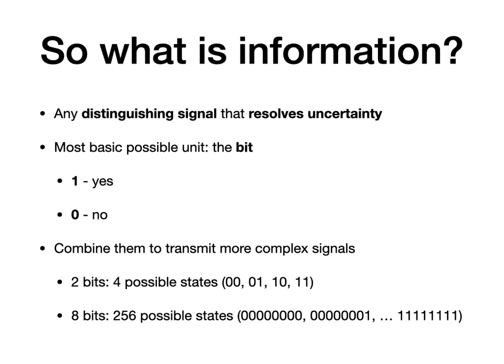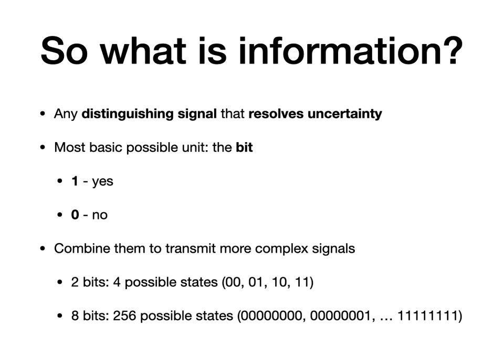The best definition I've encountered is any distinguishing signal that resolves uncertainty. The most basic unit being the bit. You've probably heard of these. Ones for yes, zeros for no. Everything in your computer or your phone or wherever you're looking at this video from is moving bits around to paint the screen, to display, to make the speaker vibrate, to give you the sound.